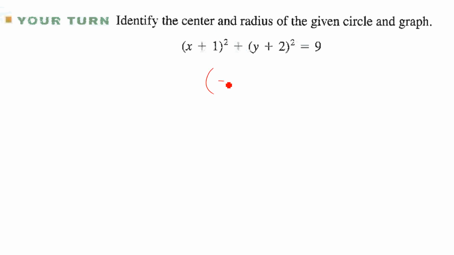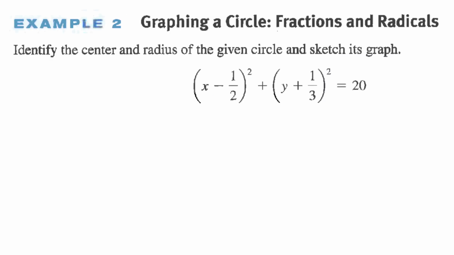Hopefully you found the center is negative 1, negative 2 with a radius of the square root of 9, which is 3. All right, the center of this one, fractions and radicals works just the same. So your center here is at 1/2 comma negative 1/3.